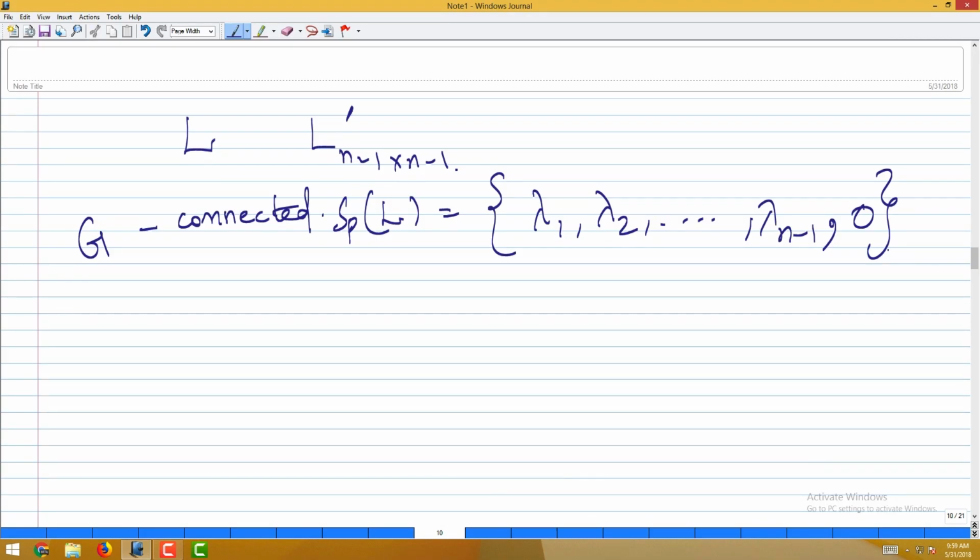If this is the case, then what can I say about the determinant of this L prime? You need not be even concentrating on expanding the matrix, you know the characteristic polynomial. Now we have a very specific form, I have given you all the details. So, what will be the characteristic polynomial for L?